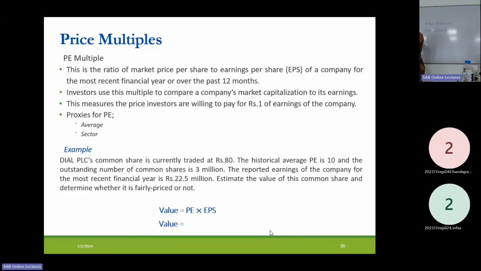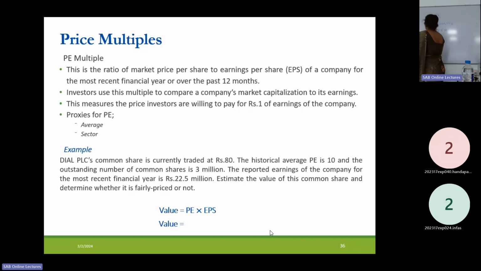So this is the past average price to earning ratio. This is the benchmark, right? And this is the company's current or most recent situation. The number of shares is 3 million. The company's very recent previous year earnings is 22.5 million.